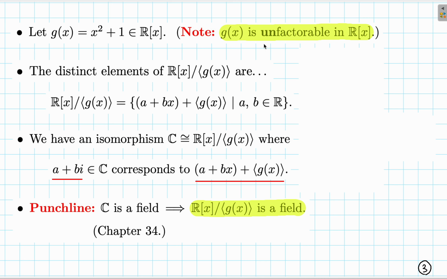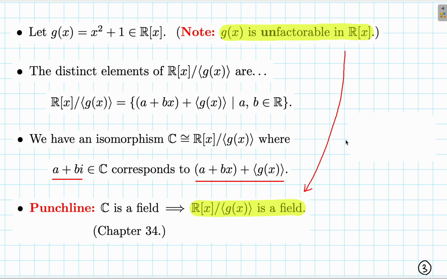We started with an unfactorable polynomial g(x), which equals x² + 1. And we concluded that the quotient ring R[x] mod the ideal ⟨g(x)⟩ is a field. And so we have this implication. We showed that our quotient ring is a field by finding this beautiful isomorphism with the field of complex numbers.